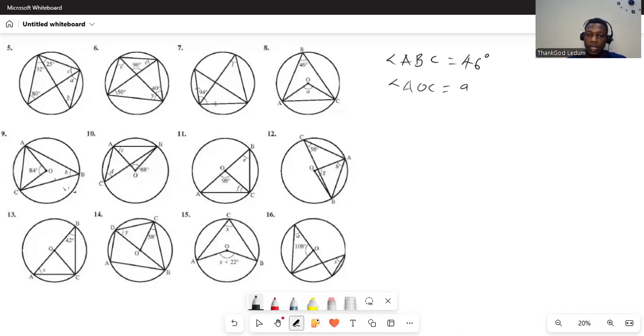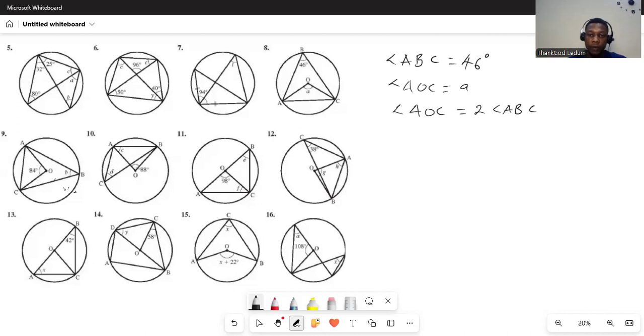So with that, we can say that our angle AOC is equal to 2 times angle ABC, because it says the angle at the center of the circle is twice that at the circumference.